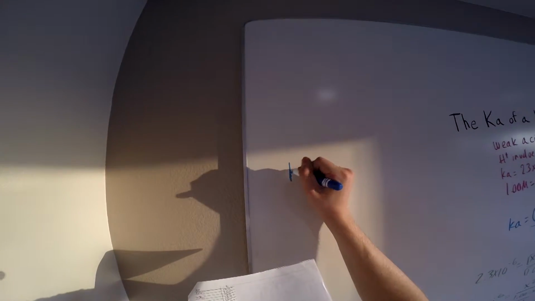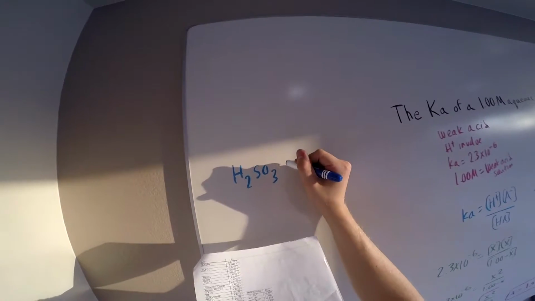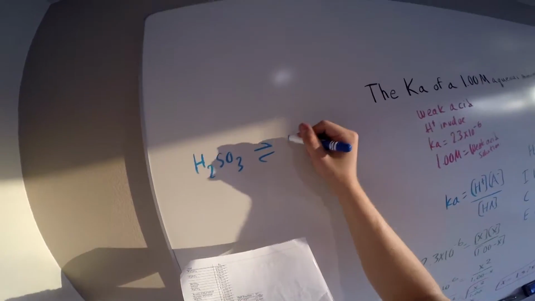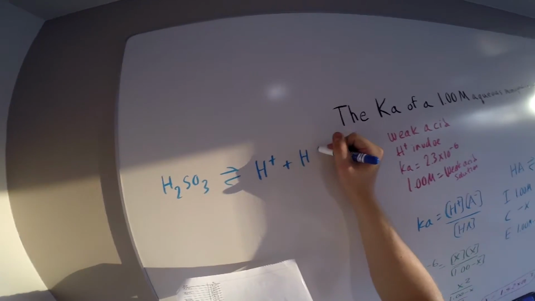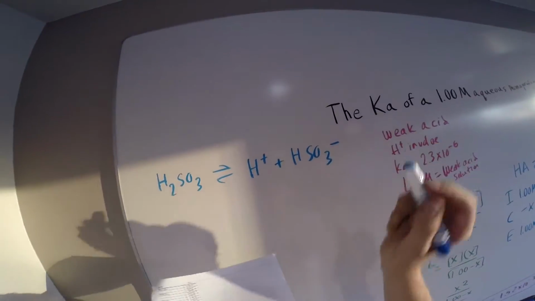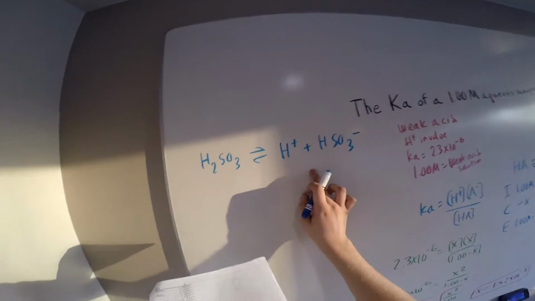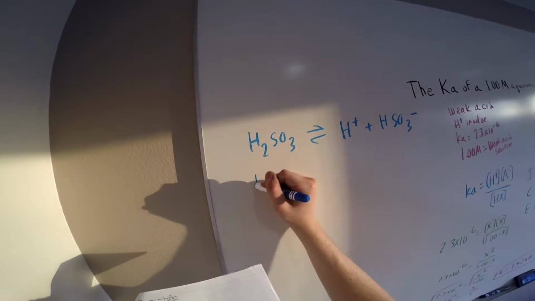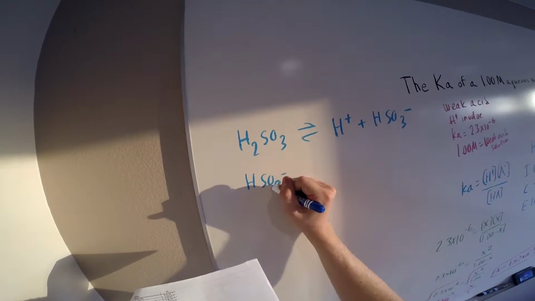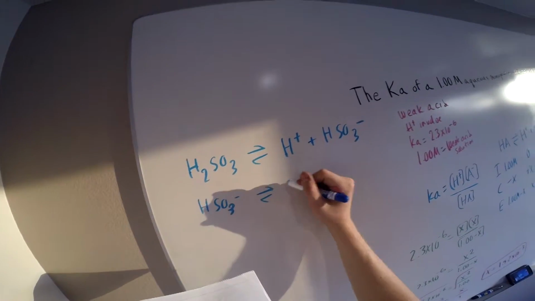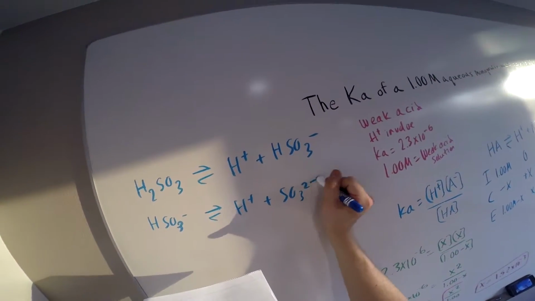Okay, so we start off with H2SO3, and this will dissociate into H plus plus HSO3 minus. Okay? And this is the first dissociation. The second one begins with HSO3 minus, and it becomes H plus plus SO3 2 minus.